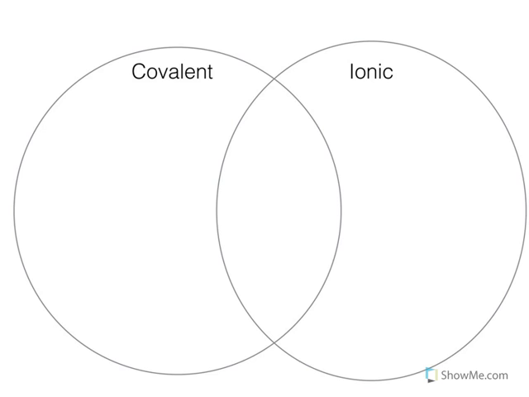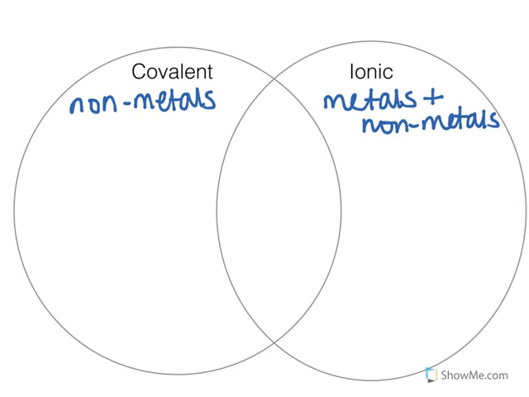And we'll use our Venn diagram to record the similarities and differences. So as we said, one major difference is covalent is made of non-metals, whereas ionic are made of metals and non-metals together. But we could put in as a similarity that they both do contain non-metals.